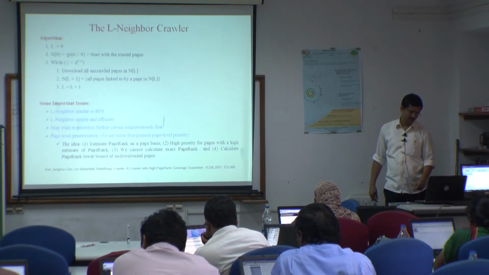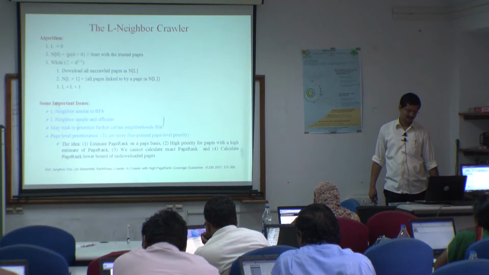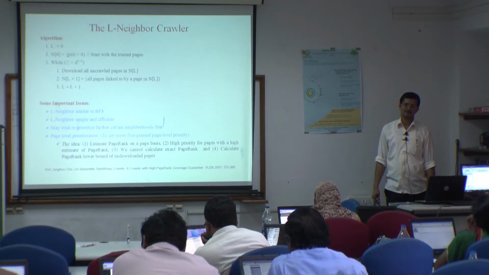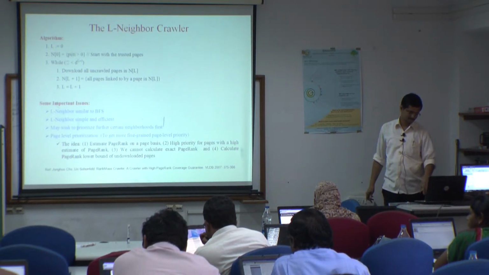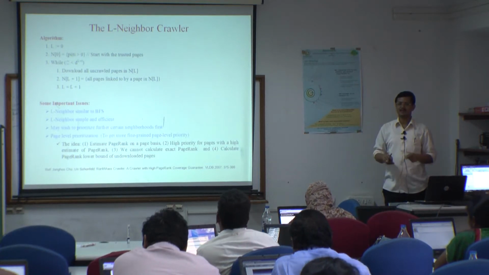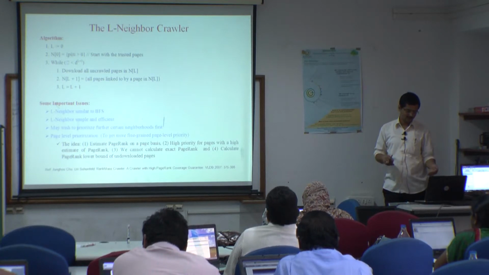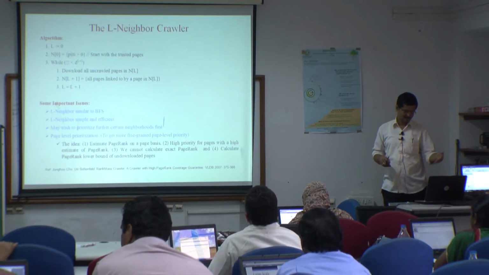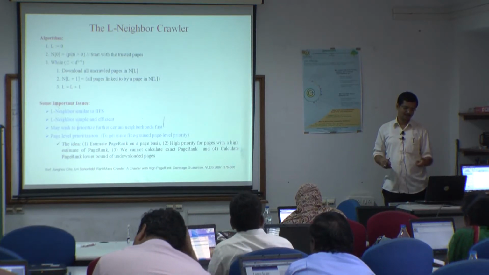This is the general pseudocode for how to calculate the L neighbor crawler. This is also based upon the lower bound page rank algorithm. First it calculates the link pages near a particular web page, the directly linked pages, and then goes through the L neighbors and checks whether they satisfy the particular threshold or not.